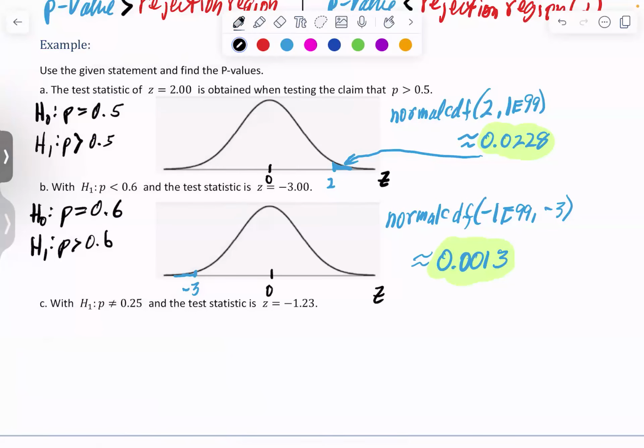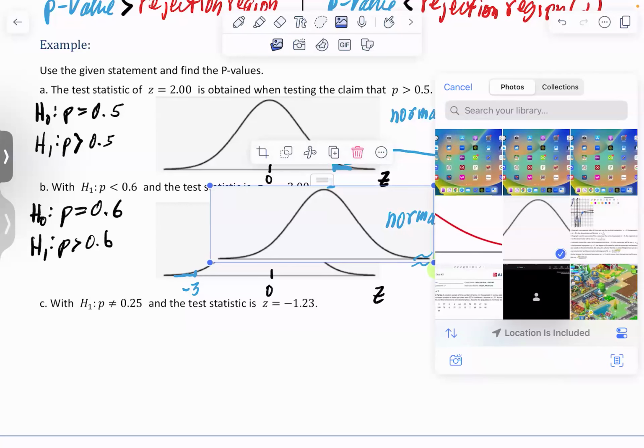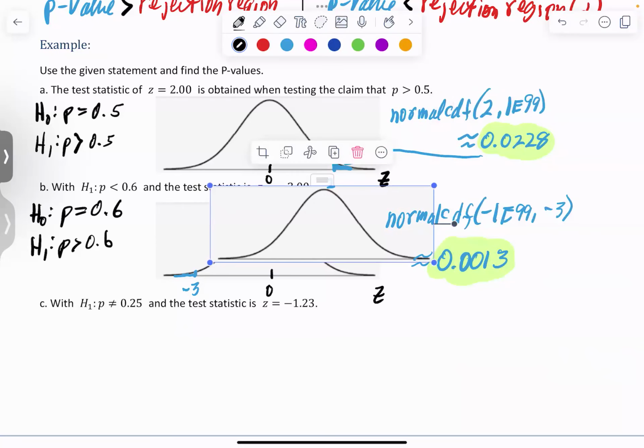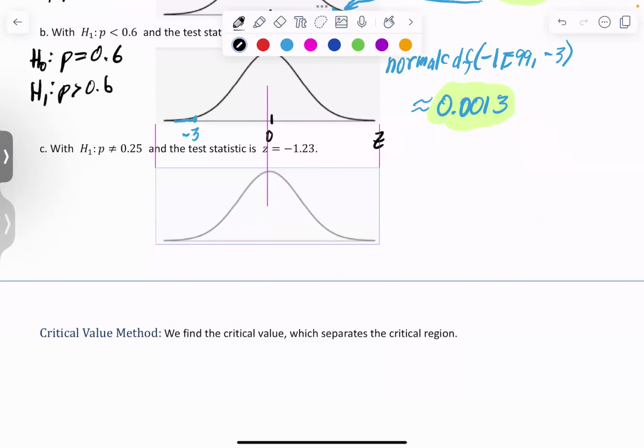All right, now we have a not equal to, so this is a bit of a game changer. So let's get our graph. All right, again, this is Z, our null hypothesis, 0.25.